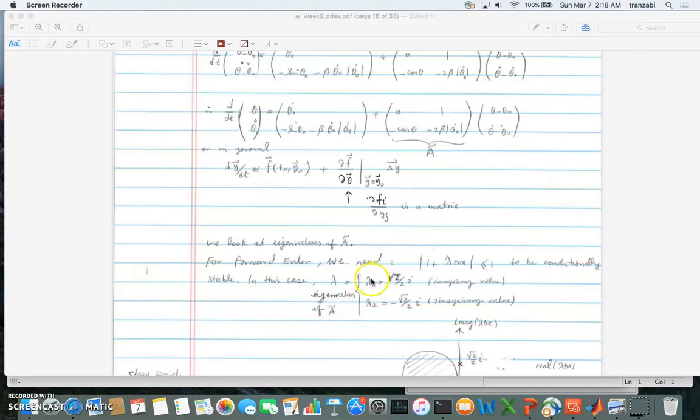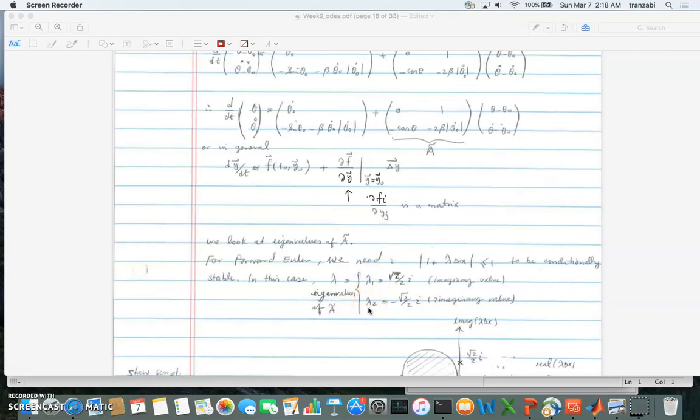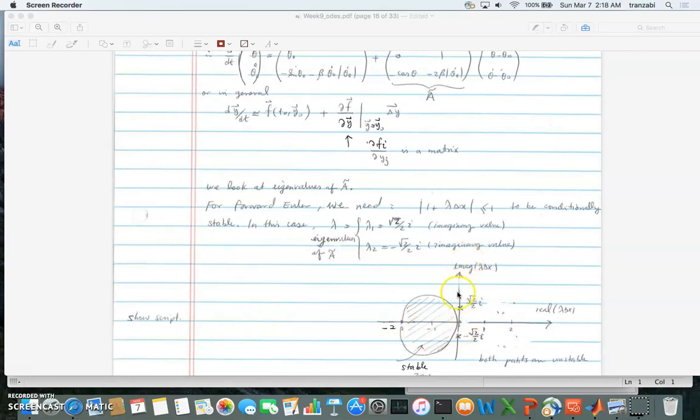So although I have lambda here, this lambda 1 means lambda 1 times the x, and this means lambda 2 times the x. Okay, that's why we locate them on this plane, which is the real and imaginary part of lambda del x. Okay.